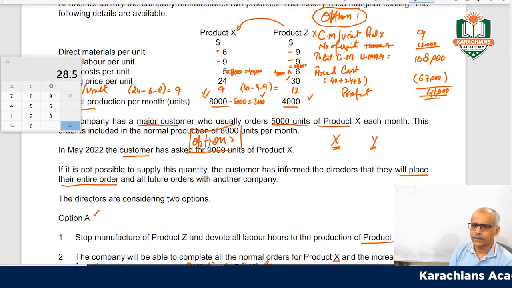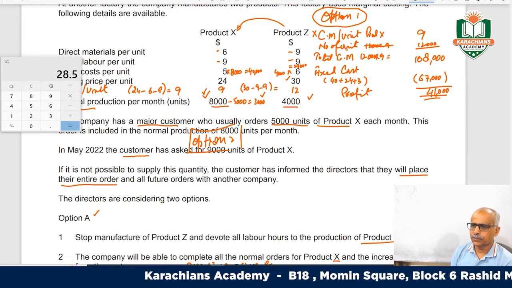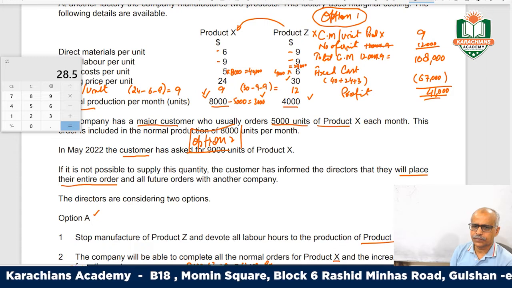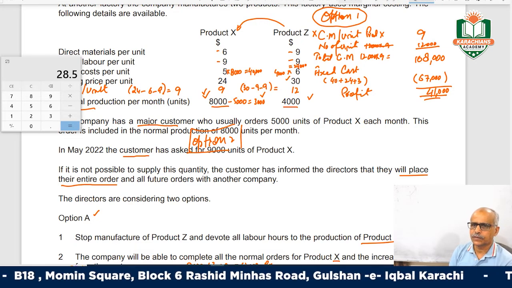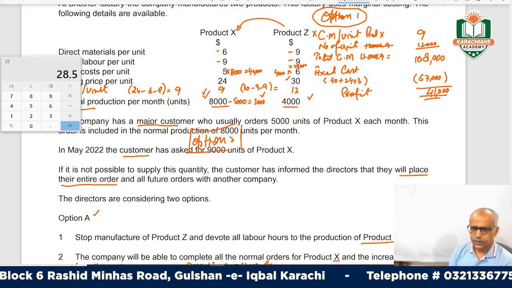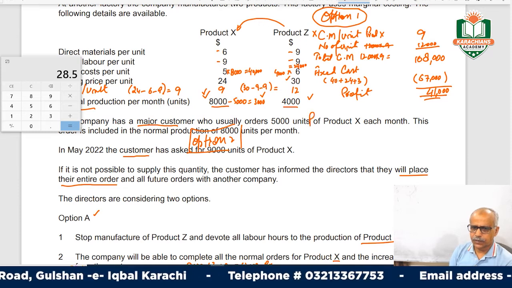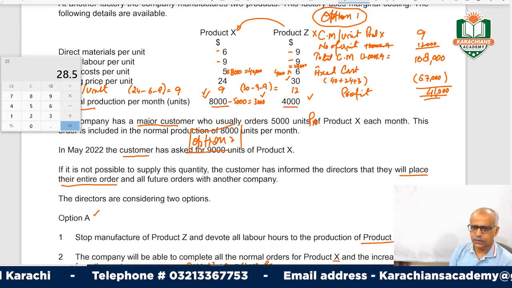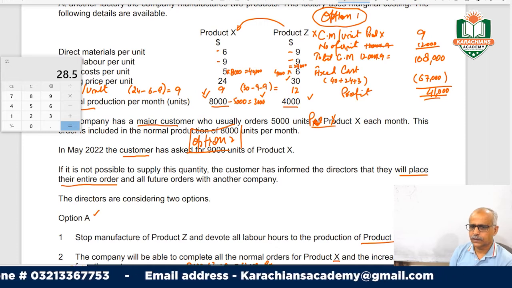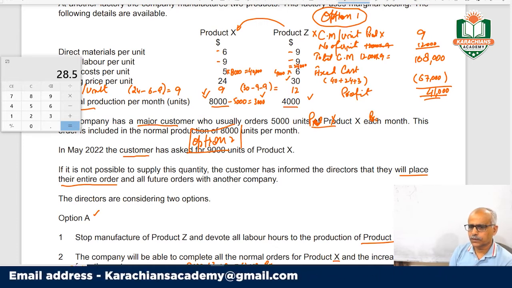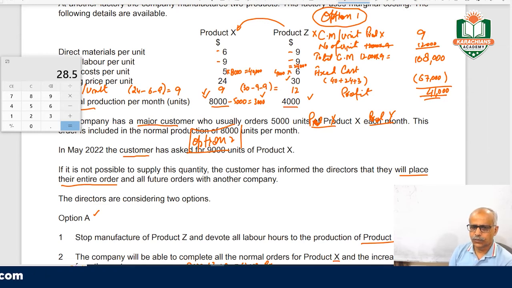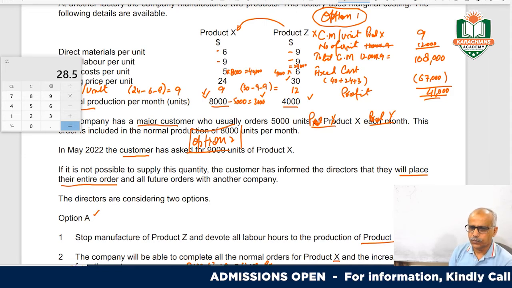or I can write a bit upstairs. Option B, product X and product Y. Okay, so how much is the contribution margin per unit?